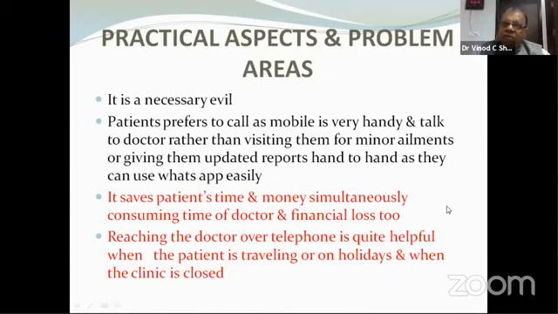Yes, sir, you just open your WhatsApp, I have sent the reports, I have sent our X-ray, MRI reporting. We have to read them and then again we have to refund him. It saves the patient time and money simultaneously, even, friends, though it is consuming of the doctor's time and a financial loss too.